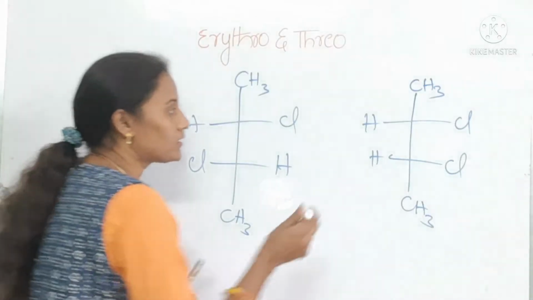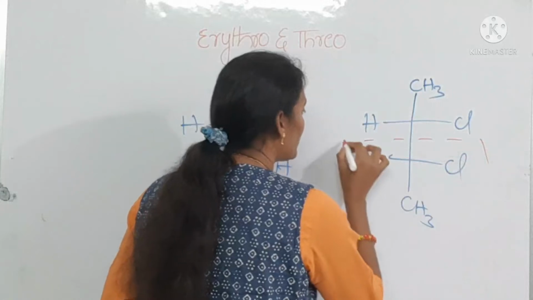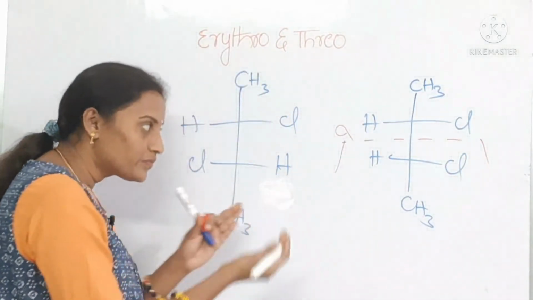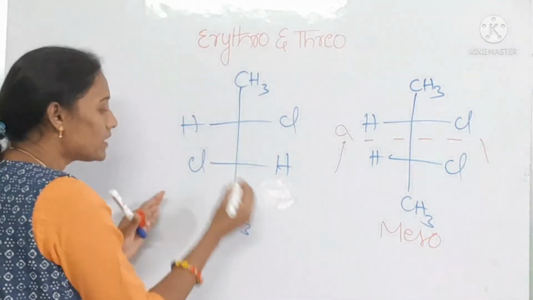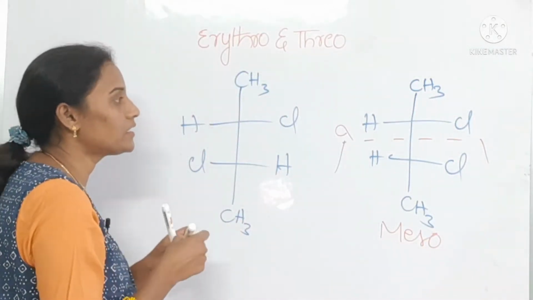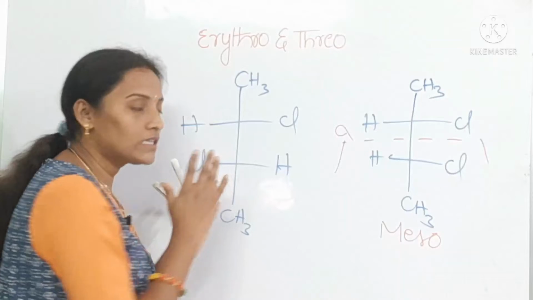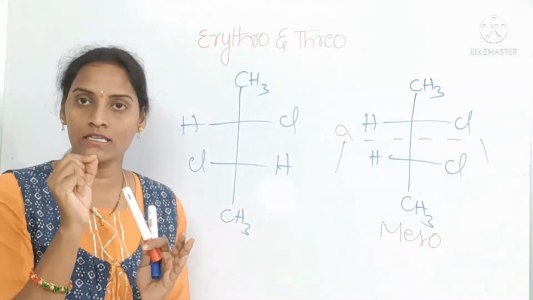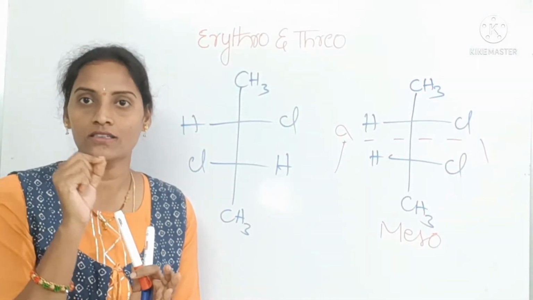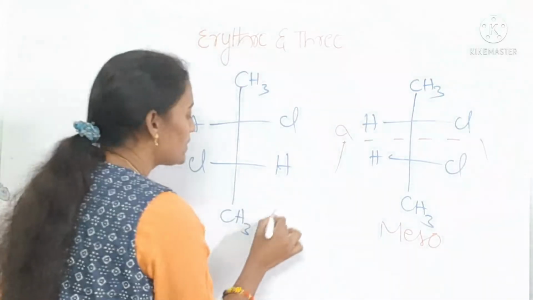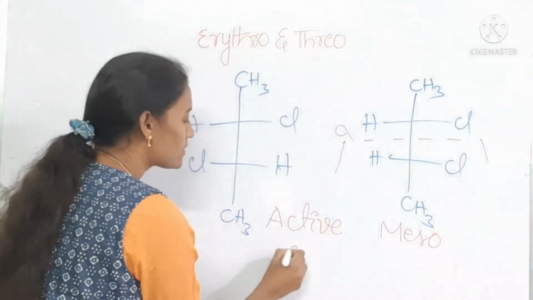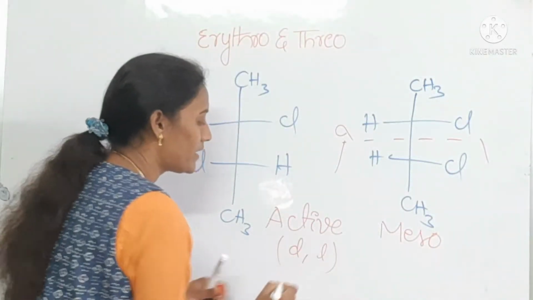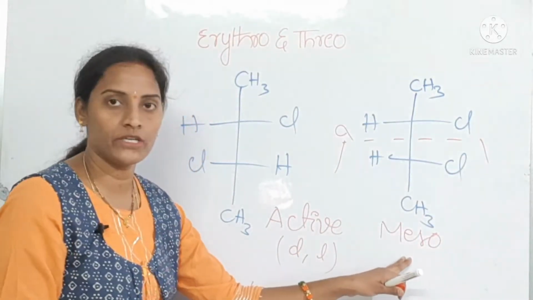Why? Because see, it has a plane of symmetry and it's a meso compound. The other one doesn't have a plane of symmetry, but is it dextro-rotatory or levo-rotatory? This is an optically active compound. Why? Because D and L are possible, unlike the meso compound.